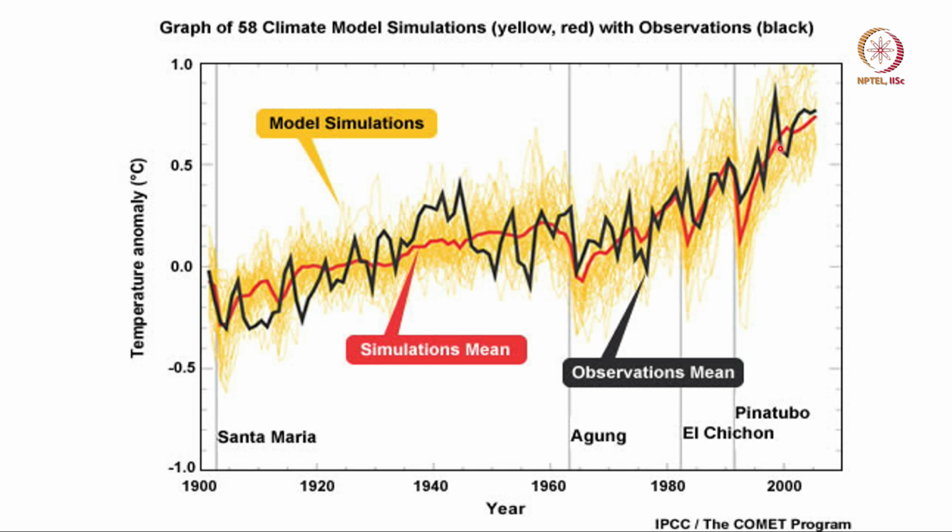Okay, for example, this large warming that is observed here in the late 90s due to El Nino, the models don't seem to get correctly. So what you must understand is models are quite good for global mean temperature over a long time scale, 10 years, 20 years and so on, but not good for year-to-year variation.